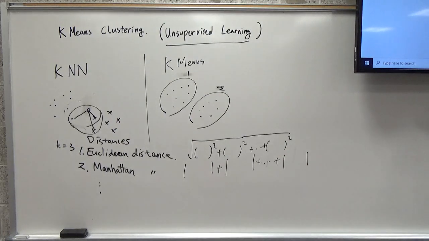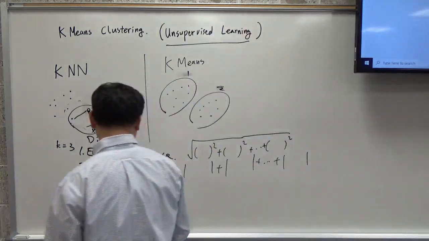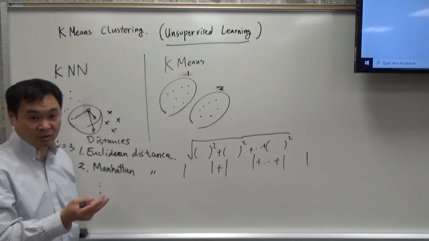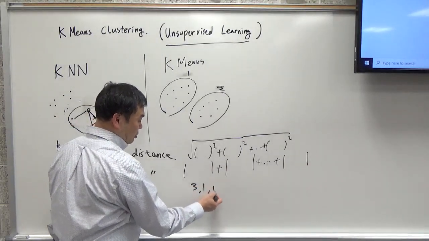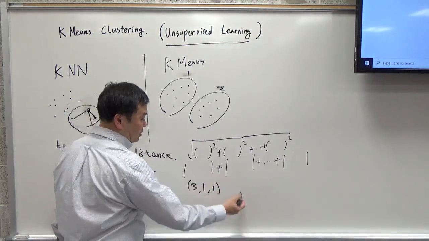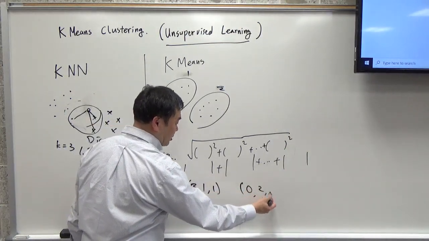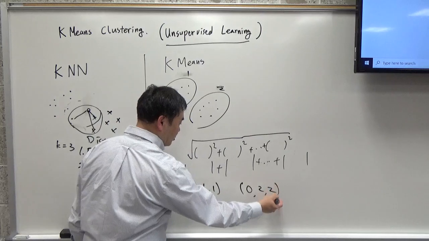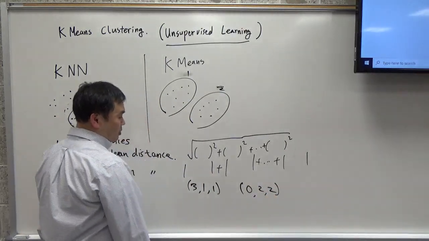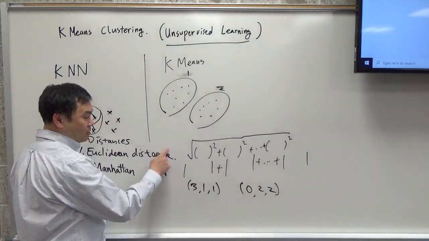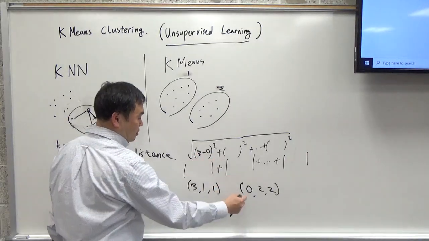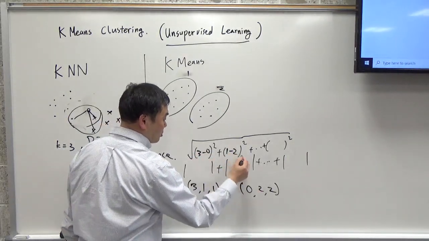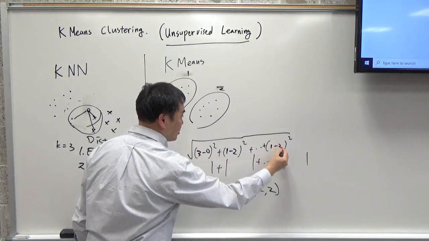So for example, if your feature set was 3, if you had 3 coordinates, say 3, 1, 1, and then 0, 2, 2, the Euclidean distance would be 3 minus 0, 1 minus 2, 1 minus 2.